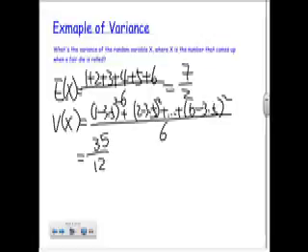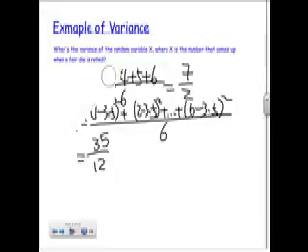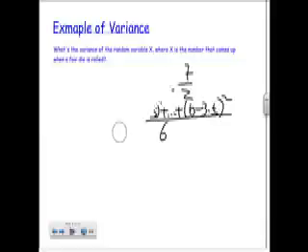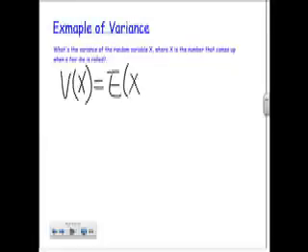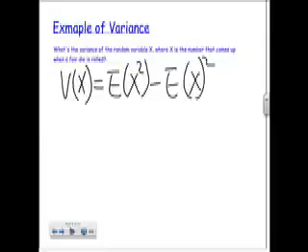And here's another way of doing it. Now we can use the equation derived by Aaron, which is V(x) equals E(x squared) minus E(x) squared.